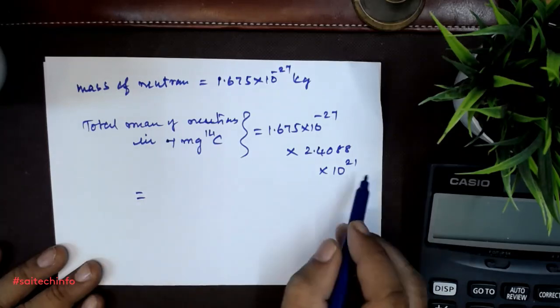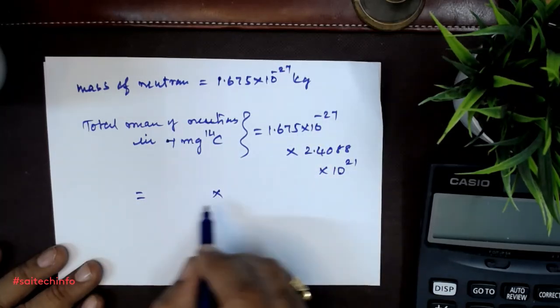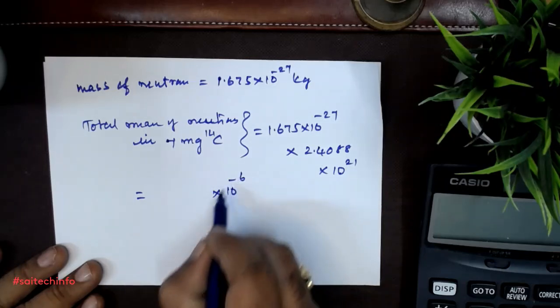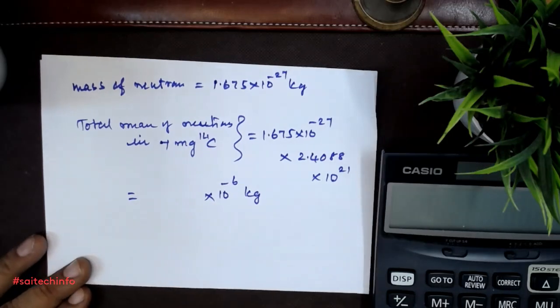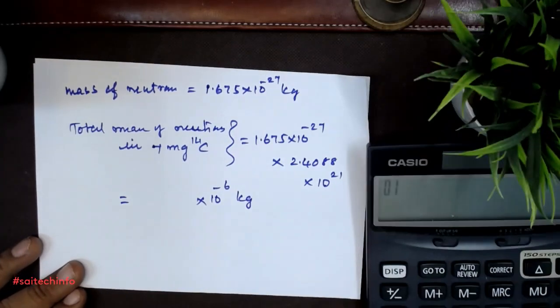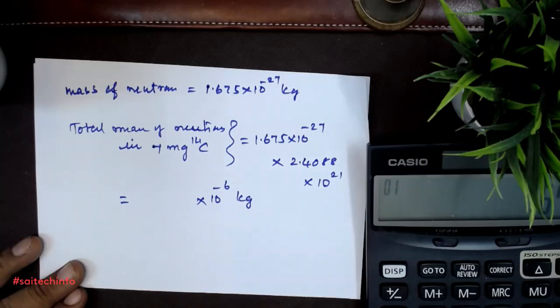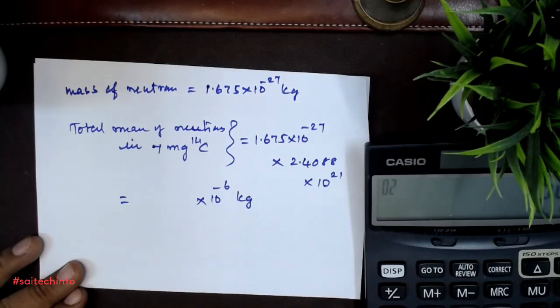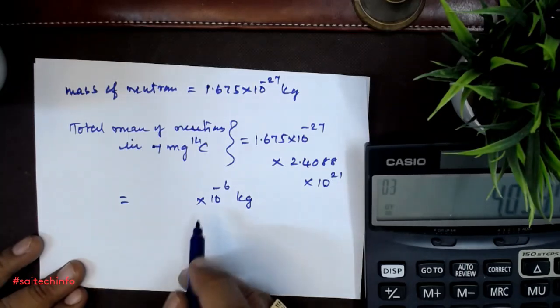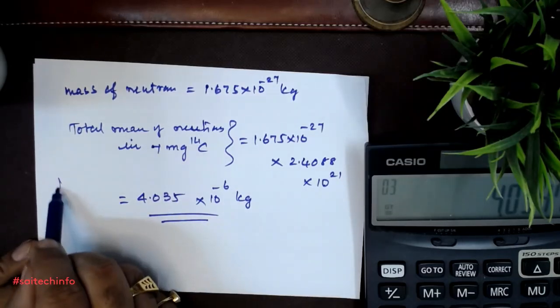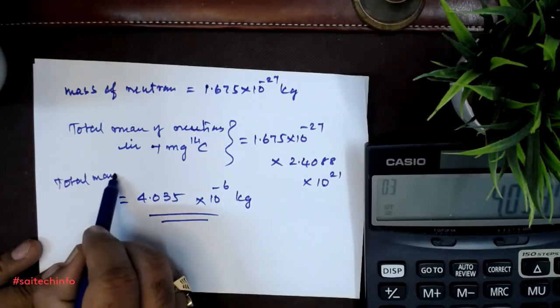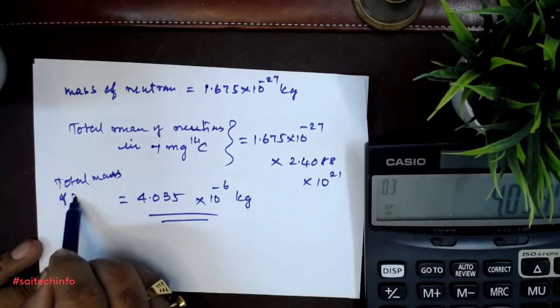So shall we calculate? 10 power 21 into 10 power minus 27 is 10 power minus 6 kg, and 1.675 into 2.4088 is 4.035. So this is the total mass of neutrons.